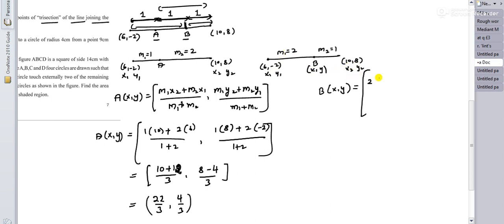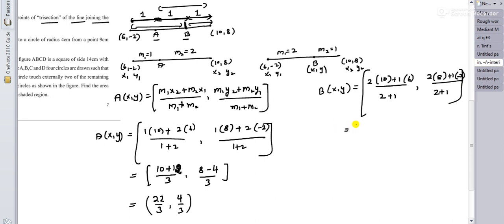So m1 into x2, 2 into 10 plus 1 into 6 divided by again 2 plus 1, comma, here 2 into y2 is 8 plus 1 into y1 is minus 2, correct? Divided by 2 plus 1.